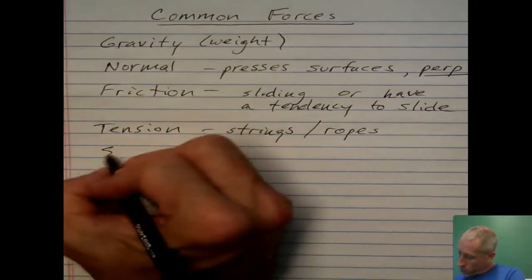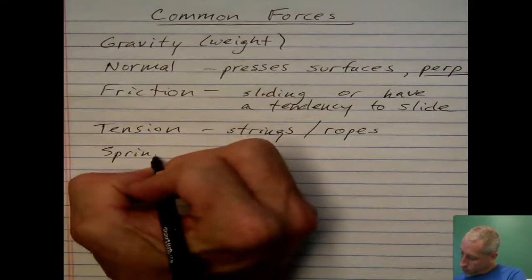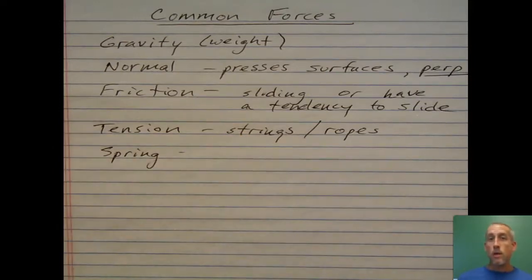You can also have springs exerting forces. And because there's a special equation for how much force a spring will exert, we actually categorize it in that way. That way you'll know, oh, I should look for the equation, and it can actually calculate what this is. So I think it's pretty self-explanatory what a spring is. Now, a spring can either push or pull. If a spring is stretched out, it's going to want to pull back. But if it's squished together, if it's one of the squishable types, then it will try to expand and push away.